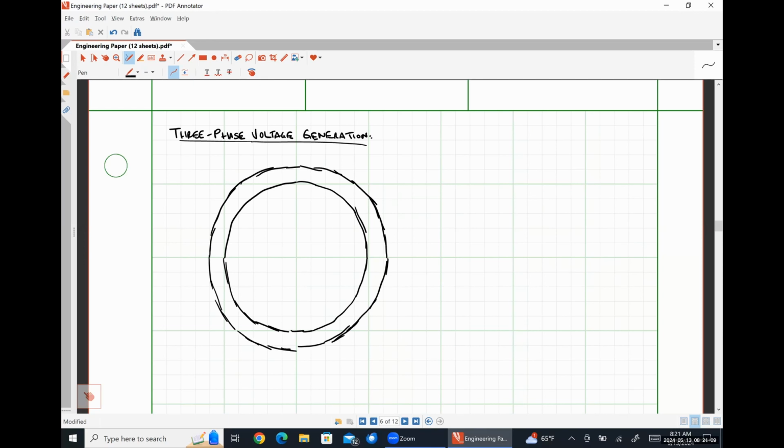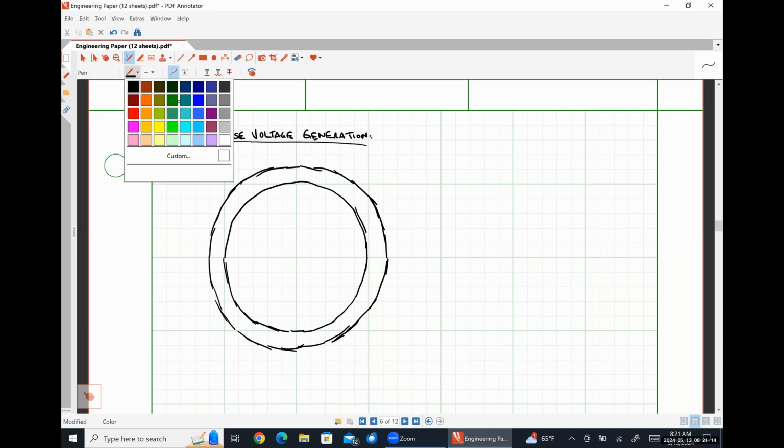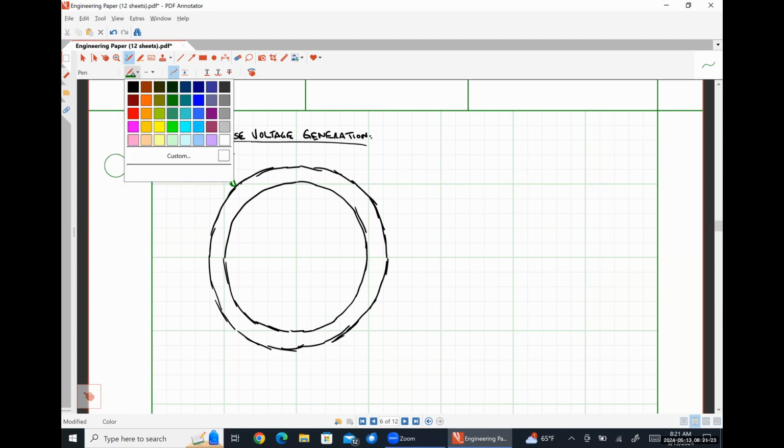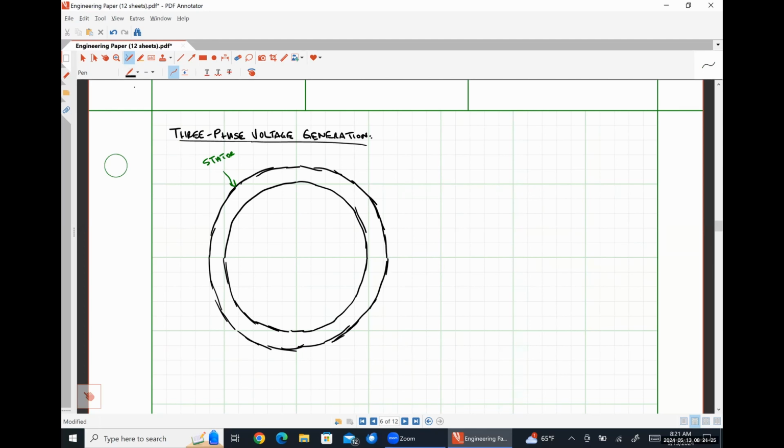All right, so this thing right here represents the stator. Once again, this is just the stationary part of our rotating electrical machine.